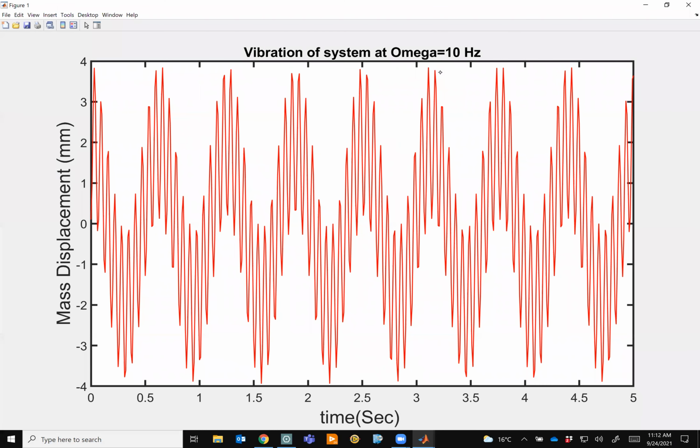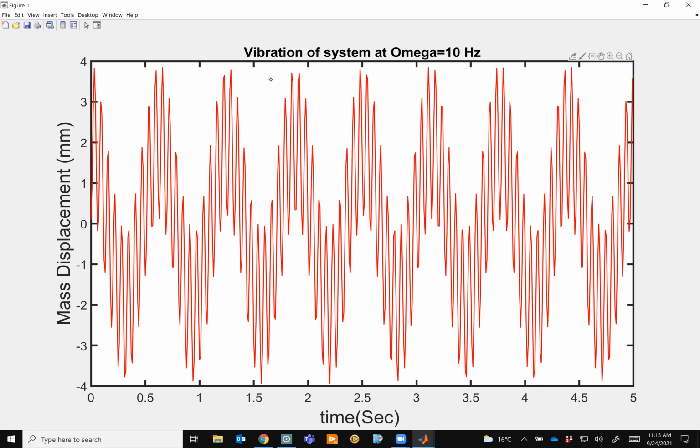So, different graphs. Again, you can see the frequency now is 10. If you count the number of peaks here, you will see there are 10 because the frequency was 10, and the omega n, those high natural frequency waves, are staying the same because omega n is the same, right?